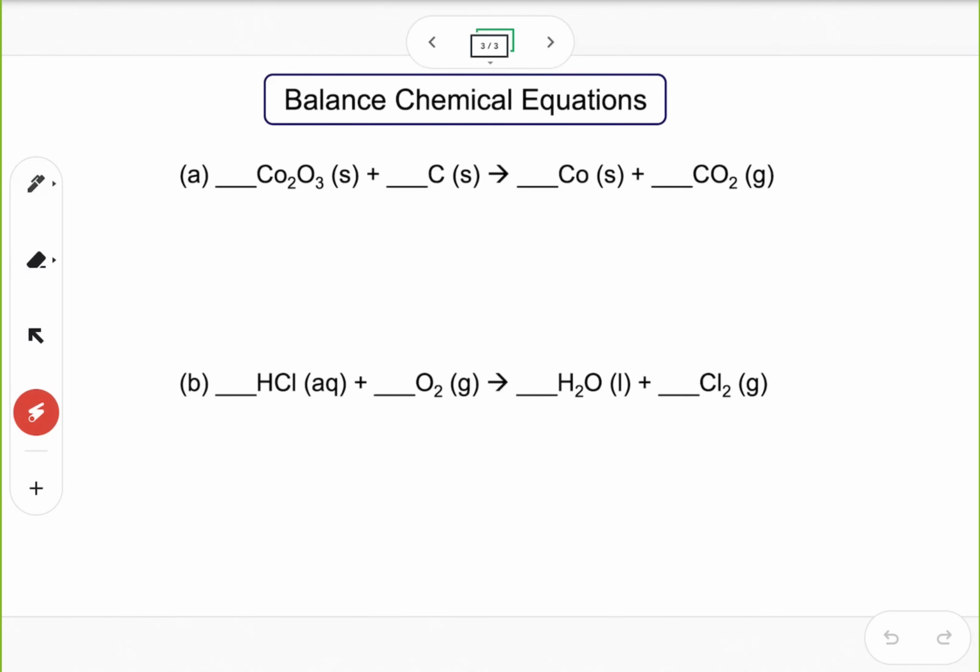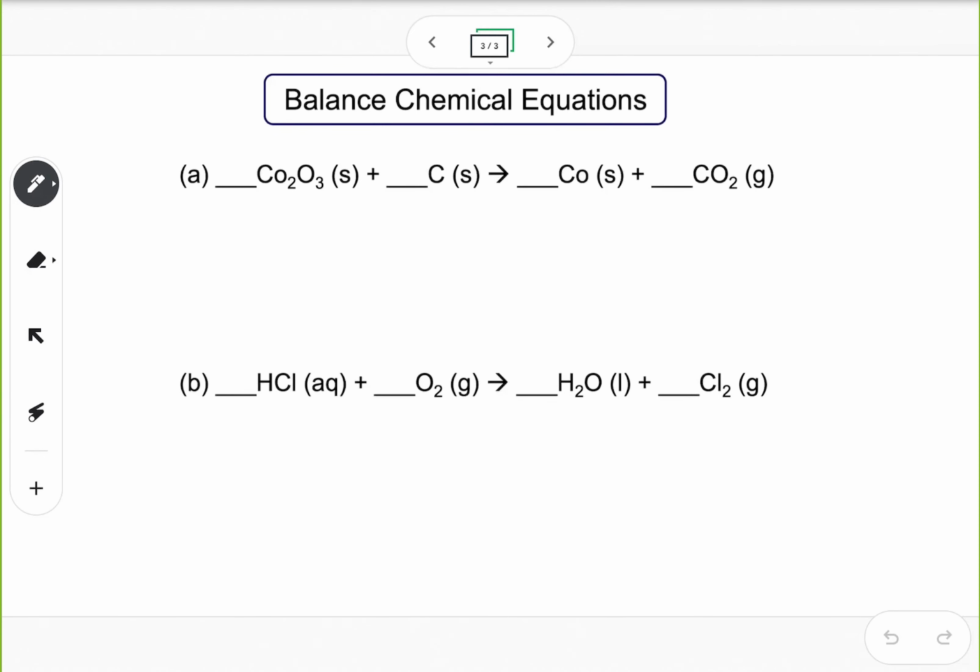It looks to me like this one is the most complicated molecule. It has 2 cobalt and 3 oxygens. Cobalt is very easy, you can just add 2 in front of it. But for oxygen, you have 3 oxygens here, and you have 2 oxygens here. So let's just try some numbers.